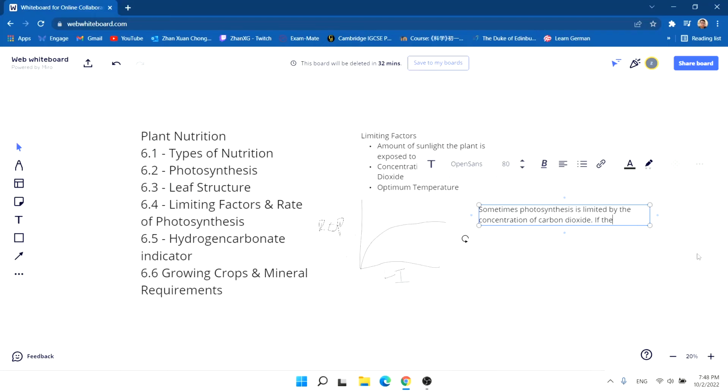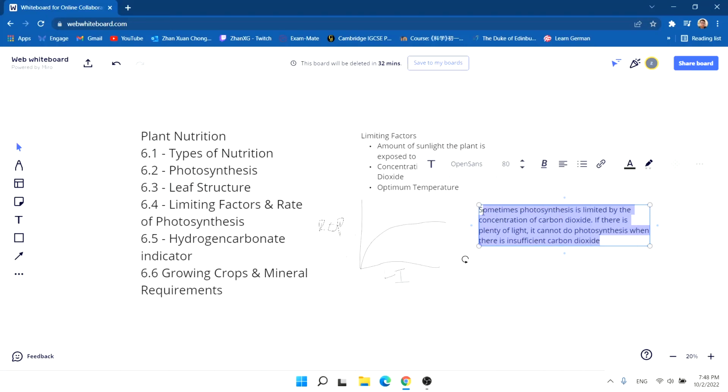So if there is plenty of light, it cannot do photosynthesis when there is insufficient carbon dioxide.